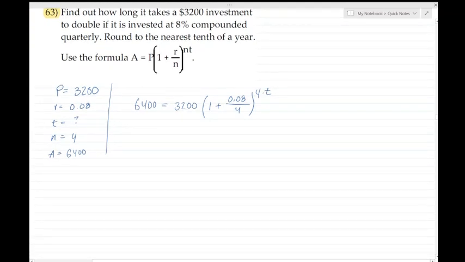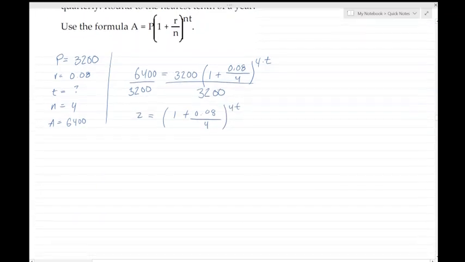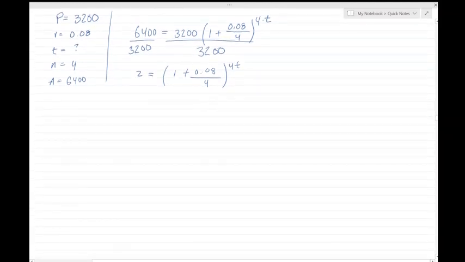From there we can divide both sides by 3,200. We can apply ln to both sides.